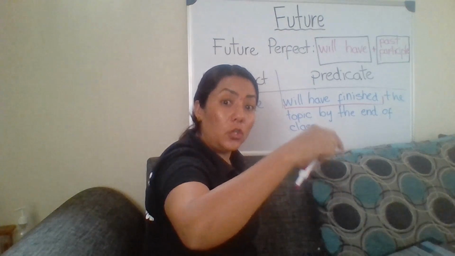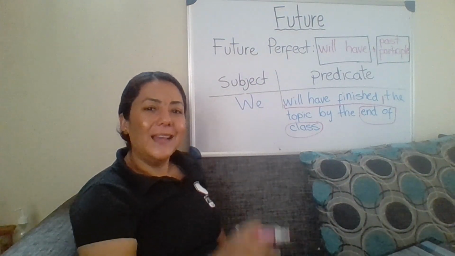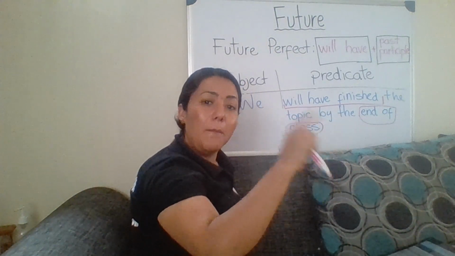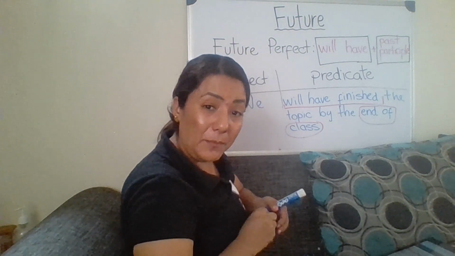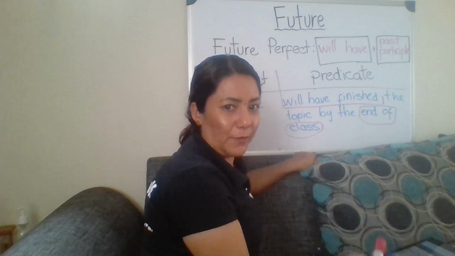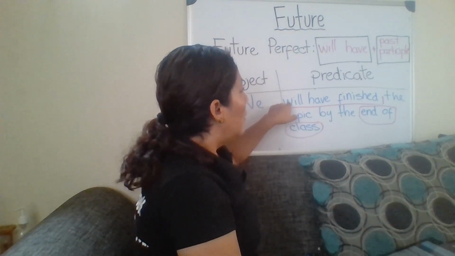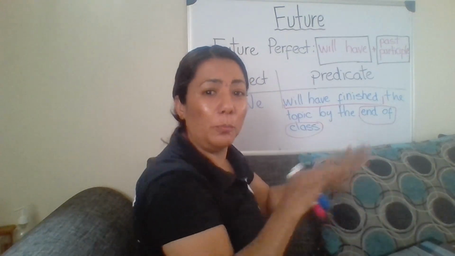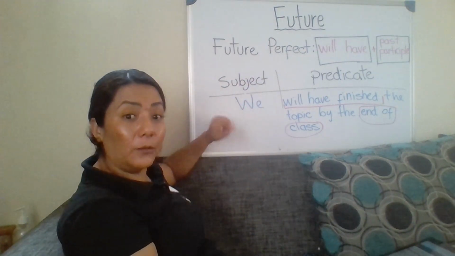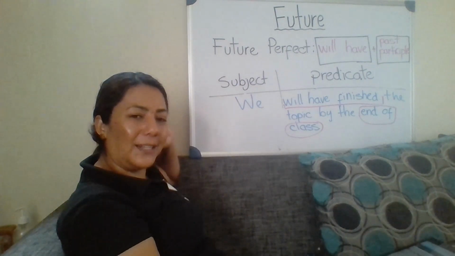We will have finished this topic by the end of the class. What I'm saying here is by the end of this class, that's in the future, in about 10 more minutes, this topic will be complete. That is when we use future perfect. I'll read it again. We will have finished the topic by the end of the class.